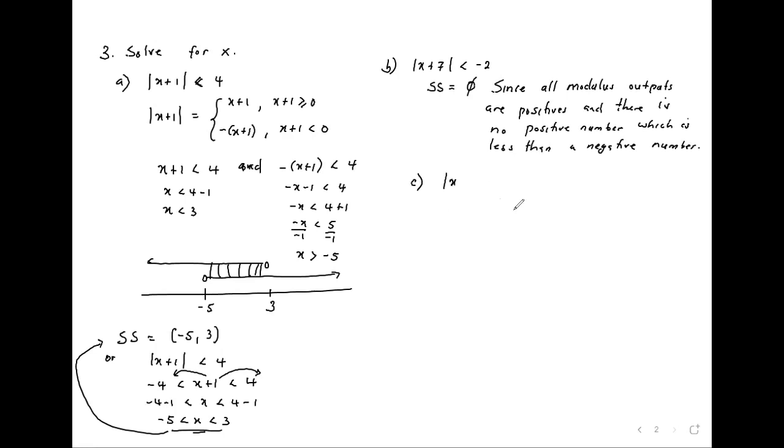C, say the modulus of 3x plus 1 greater than negative 3. The solution set here is all real numbers, based on the same property, because negative 3 will always be less than any positive number.